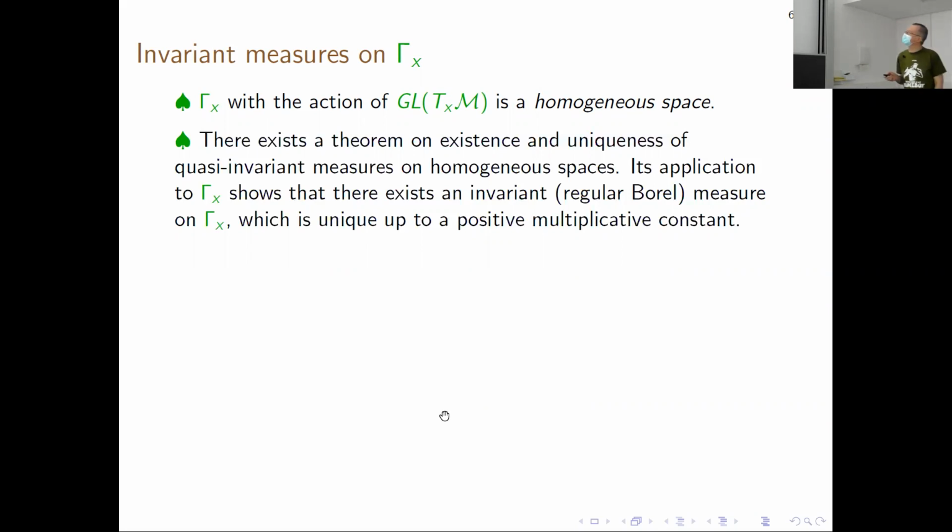It turns out that this theorem guarantees that on this homogeneous space there exists an invariant regular Borel measure. Moreover, this measure is unique up to a positive multiplicative constant. So this is exactly as in the case of a Haar measure on a group. And we know that, for example, all left Haar measures on a Lie group are proportional to each other. So this is exactly the same.